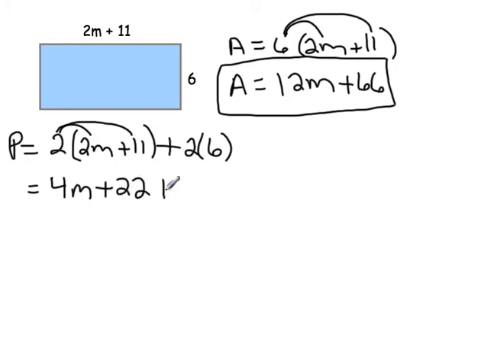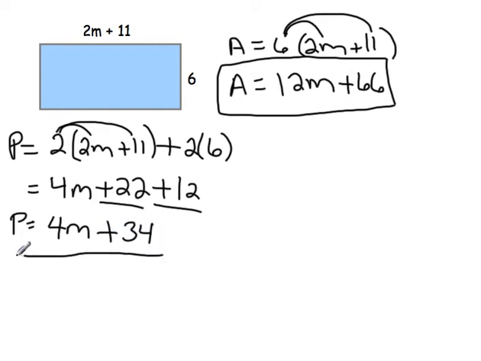Plus 2 times 6 is 12. And again, combine like terms. 4m is by itself. Positive 22 plus 12 is plus 34. So there's my perimeter. All right, so that's just a quick way to do area and perimeter using distributive property.